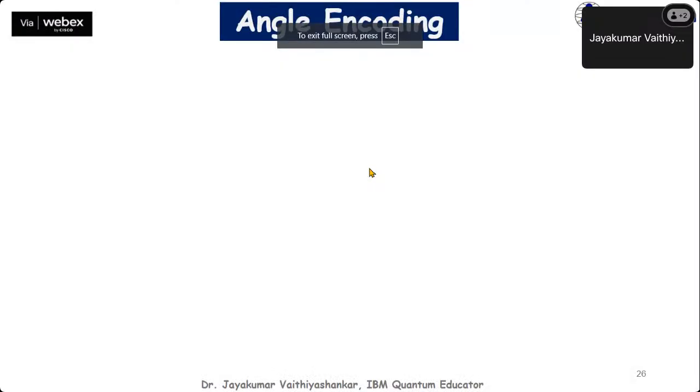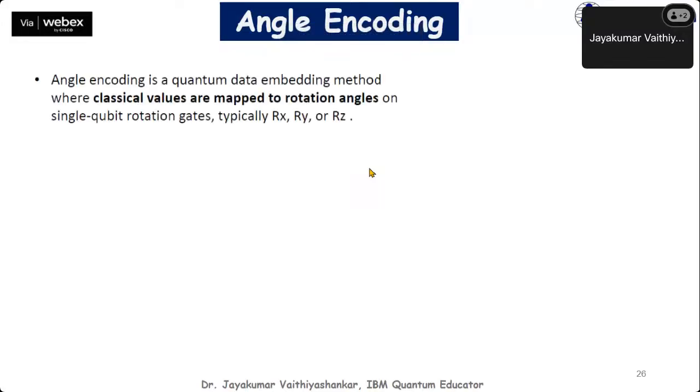The next example is angle encoding. Angle encoding is a quantum data embedding method where classical values are mapped to rotational angles. Take an example of the RX gate, RY gate, RZ gate. These gates alter your quantum states. Suppose you have a data value called x, which is your classical data.